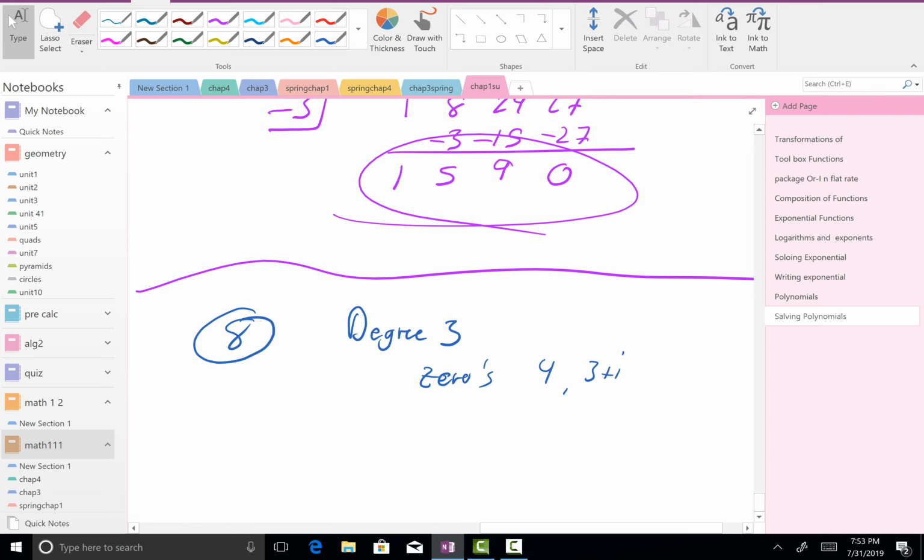Without doing anything else, what does the other 0 got to be? 3 minus i. Yep. Because if 3 plus i is a 0, then 3 minus i has got to be a 0, okay? It's got to be. That's what that one theorem said. That's all you have to do right there, okay? Nothing else. You know it's going to have 3 answers. You got 2 of them. Got to have a third, okay?